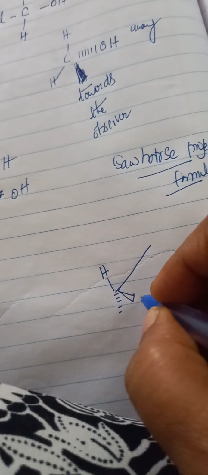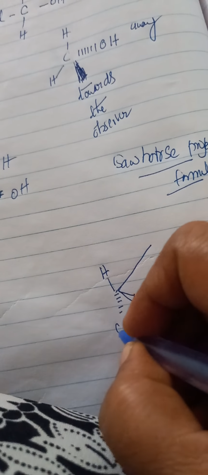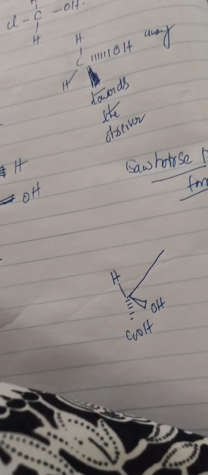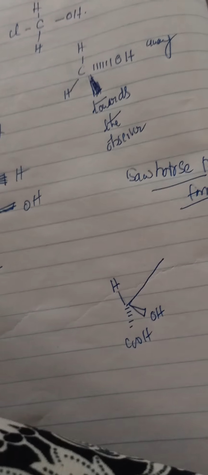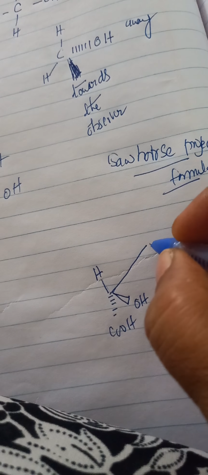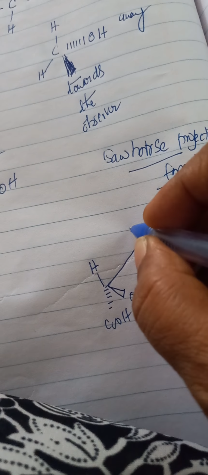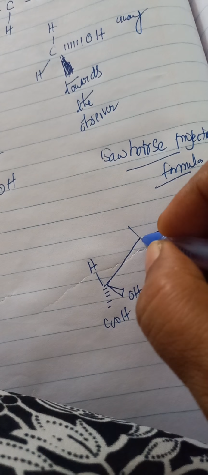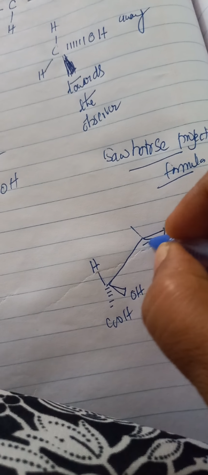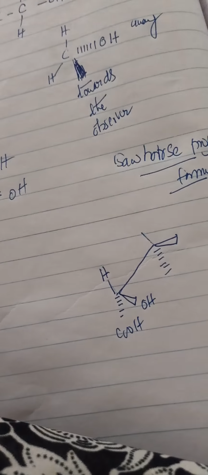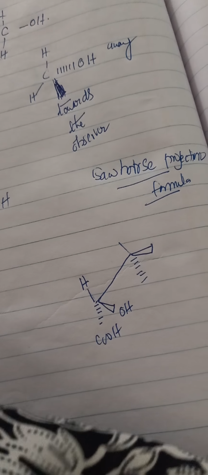H, OH, COOH. Like this we can represent. Similarly here also three groups, solid line, solid wedge, dash line. Sawhorse projection formula.